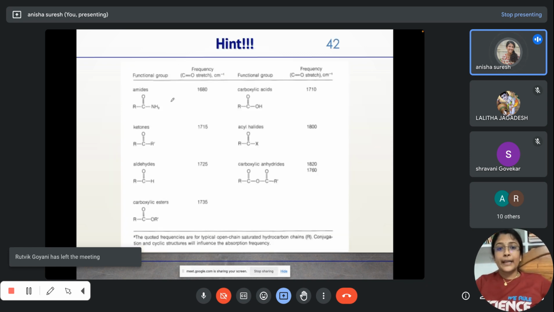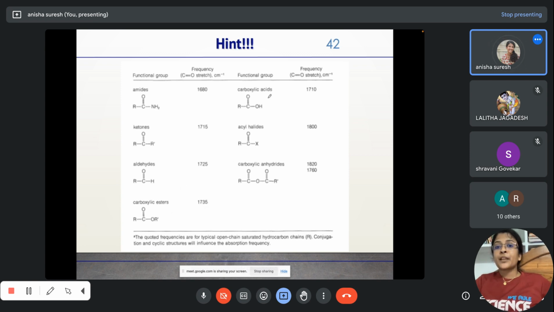In case of amides, the C=O stretching frequency comes around 1680 centimeter inverse. For ketones, around 1715. For aldehydes, around 1725. For carboxylic esters, around 1735.